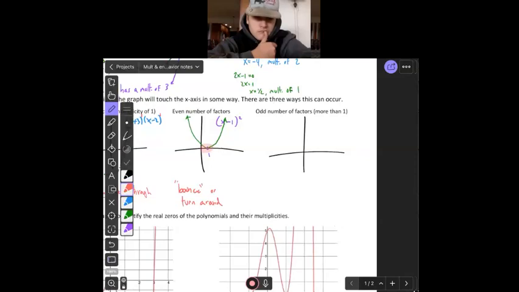Last one. If we had something like x plus 2 cubed, if we graphed x plus 2 cubed, that means the 0 would be over here at negative 2. Remember what those cubed ones look like? They look like this.